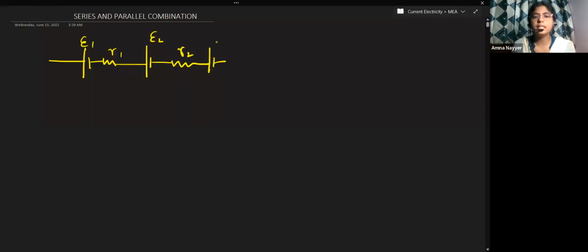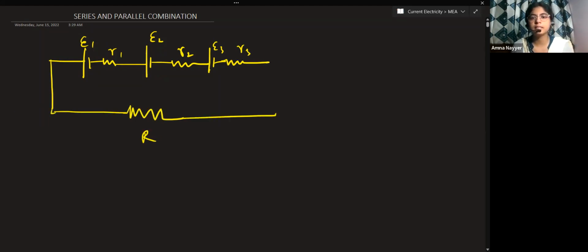Similarly, E3 is there with internal resistance R3 in this manner. And an external resistor capital R is connected. This is the circuit that you have.